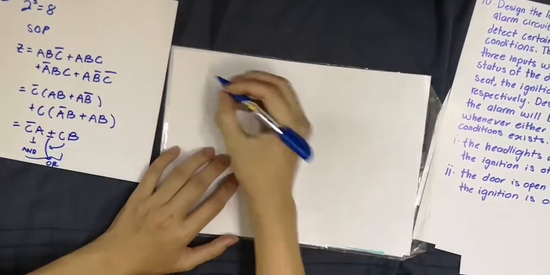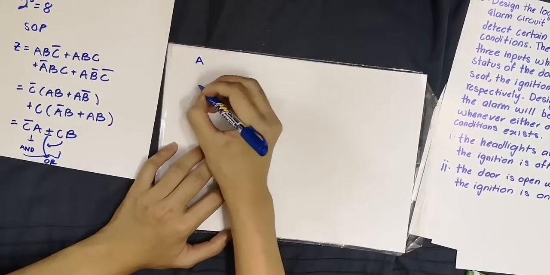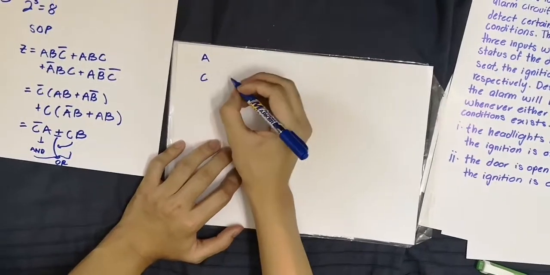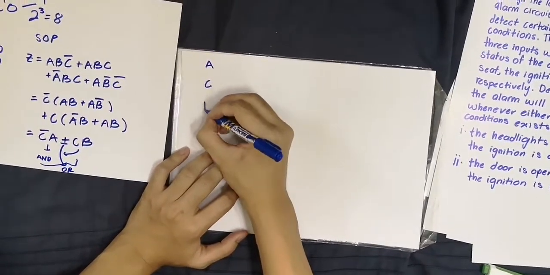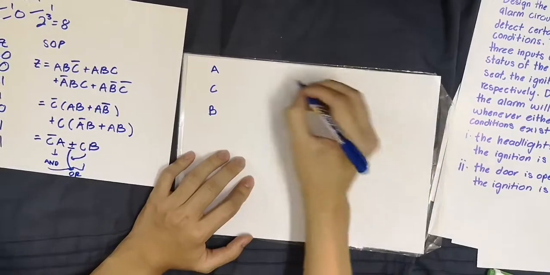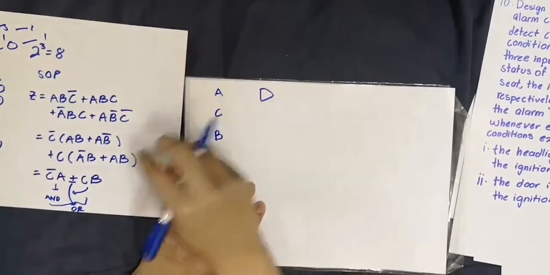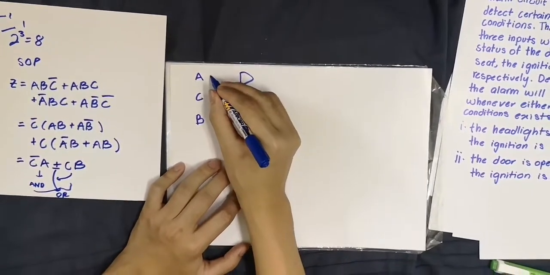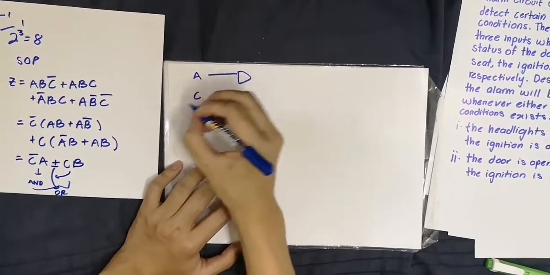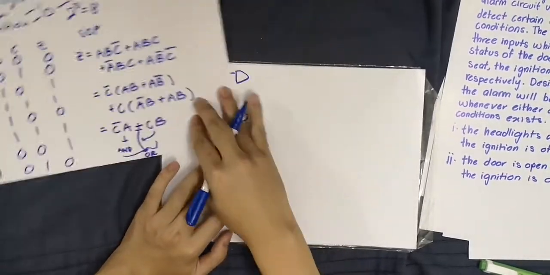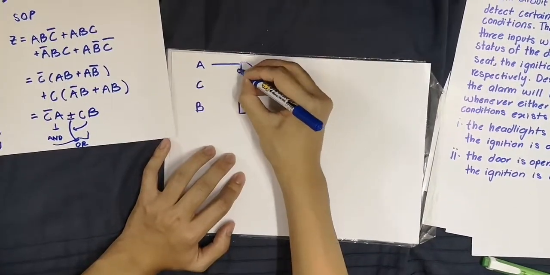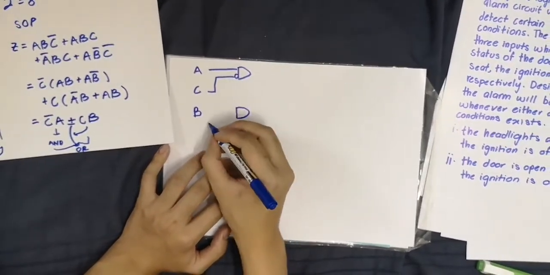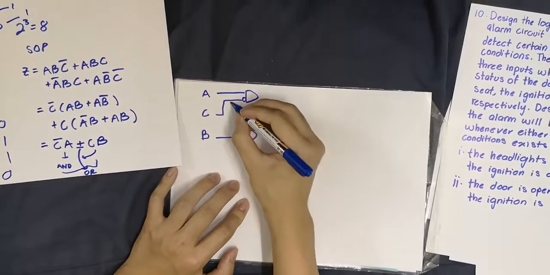So first we have three inputs A, C and B. I put C in the middle because we have to connect C to both A and B. You put them to the AND gates as I said earlier, and A will go to the first AND gate, and the inverted C comes from C, and C also goes with B.